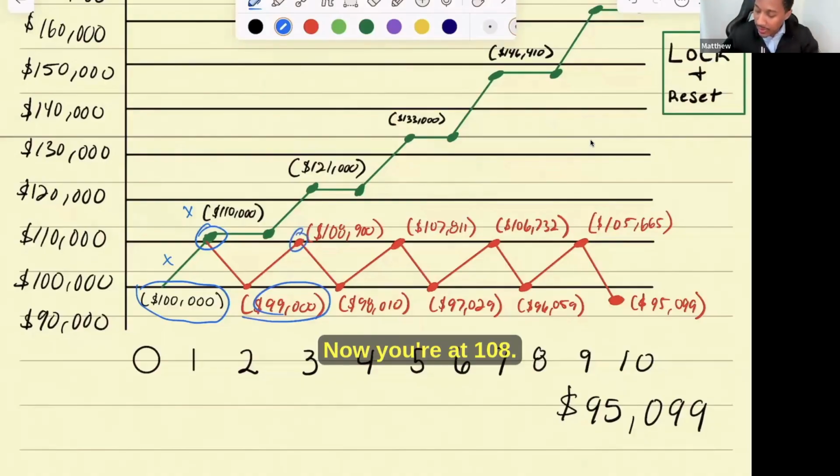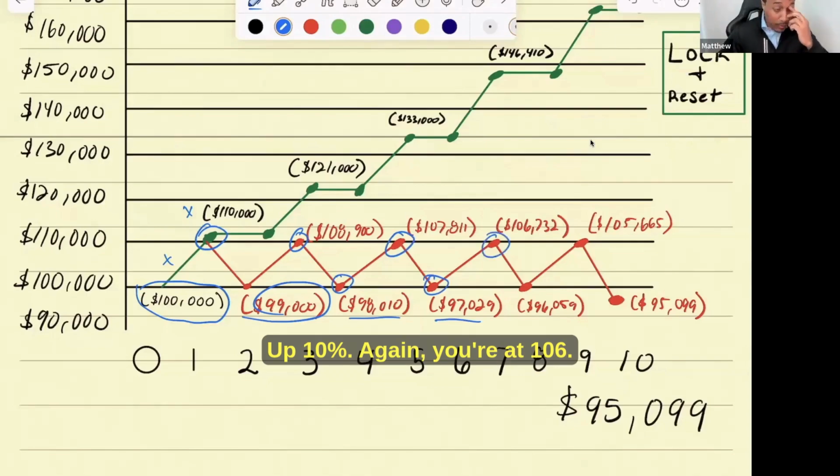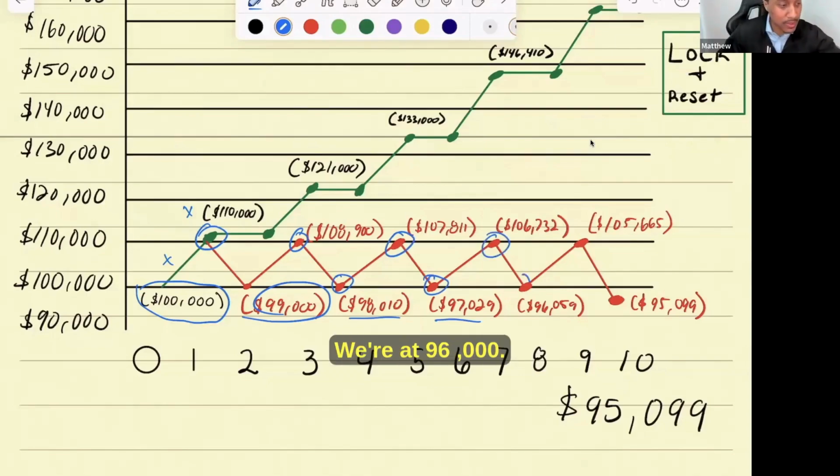Now you're at 108. Year four, back down 10%. You're at 98,000. Back up 10%, 107. Down 10%, 97. Up 10% again, we're at 106. Down 10%, we're at 96,000. And up again 10%, 105. And then in year 10, we're down again 10%.